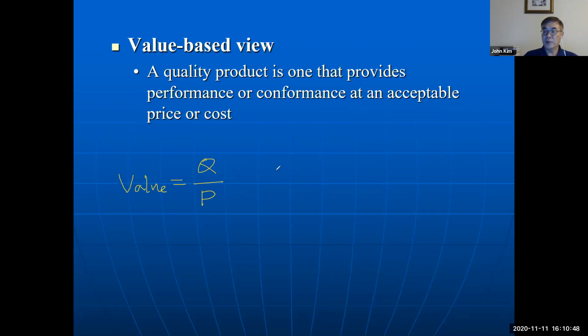So if we can measure quality level is 100, the same one, A and B, same product, identical, then the price is this one $100, and then this one is like $50. Then this one's value is 1, and then this one's value is 2. So higher value, then we can feel this is good. So value-based view is kind of relative, based on the price, relative quality.